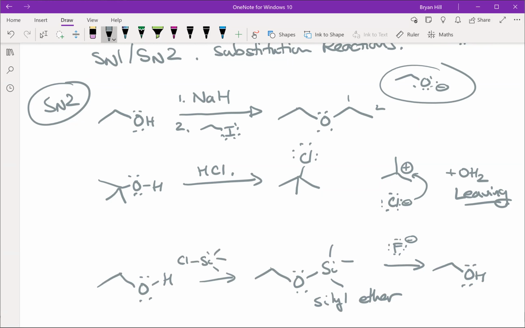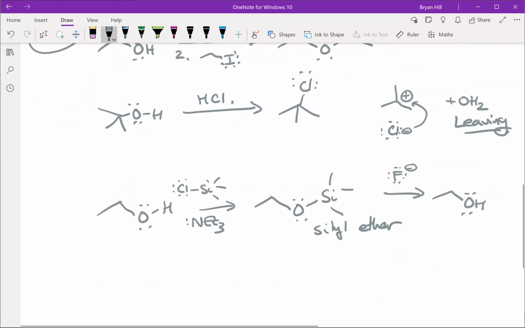There's a whole bunch of different silicon protecting groups. They typically just used a silyl chloride plus an amine to deprotonate the alcohol. How did we make alcohols?